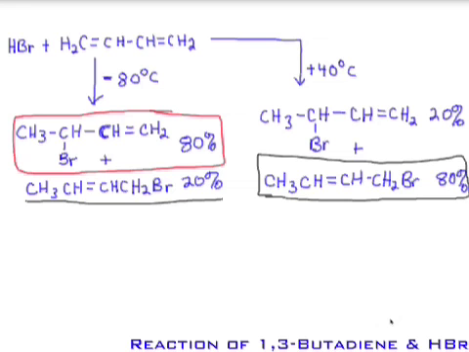At 40 degrees, the reaction's under thermodynamic control, equilibrium is established, and there's enough energy to overcome the energy of activation reverse for both reactions. But because the energy of activation reverse for the 1,4 addition product is largest because it's the most stable, molecules begin to accumulate with the 1,4 structure. And as a result, it begins to predominate.